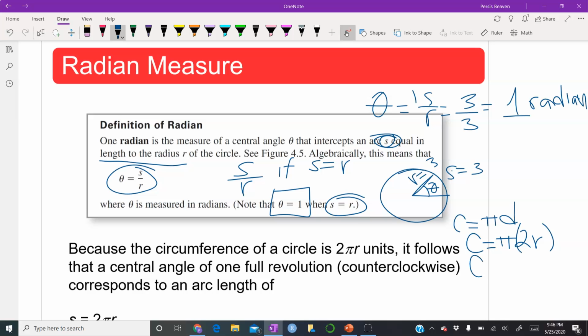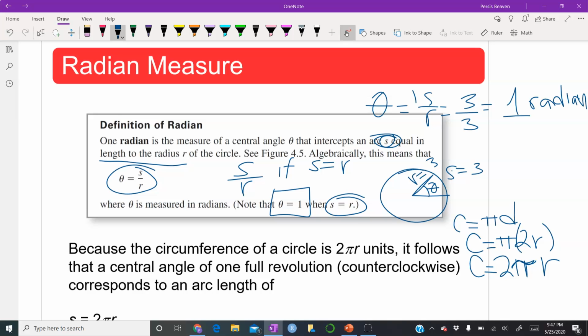So just to write it, based on the commutative property of multiplication, I can move the 2 to the front, and this will still represent the same. So that will be 2, and then pi is also a constant, so it goes next to the integer, and then we have r, which is the unknown variable, the length of the radius.